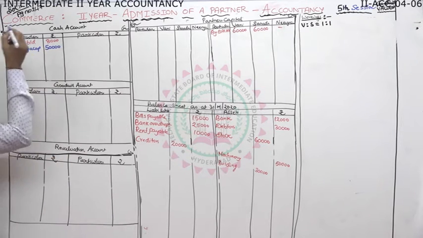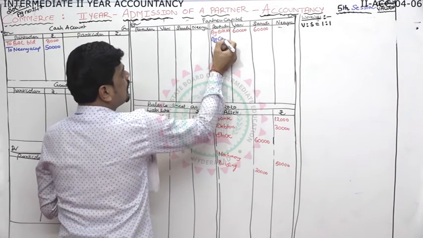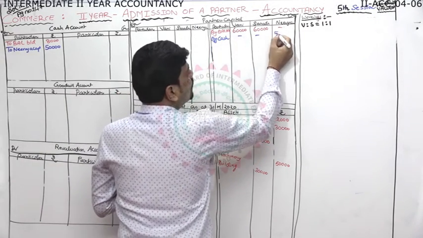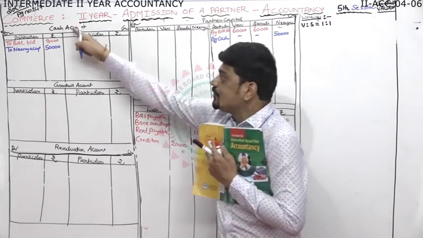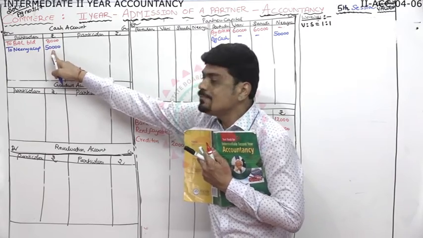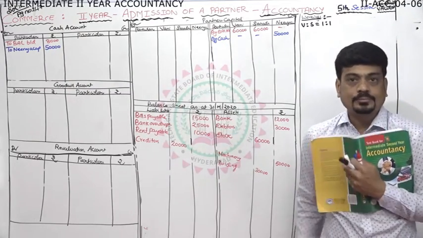Second effect, Neeraja is credited. So Neeraja, that is partners' capital, credit side, by cash 50,000. Again, cash to capital. So cash account debit side, same partner's account credit side. Like that, double effect should be given.